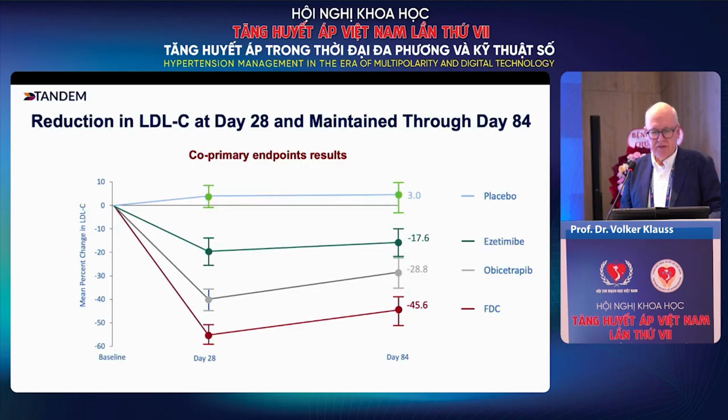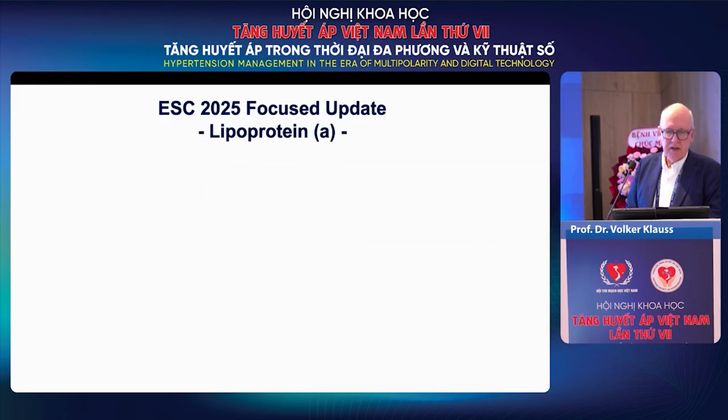After several weeks, you could see that you could get a further reduction of the LDL cholesterol, about 50%. These were all patients who were up to 90% on statin and had a very high risk, but did not reach the goal target of 55 with the current strategy. So this compound may be available in the second half of next year in Europe.